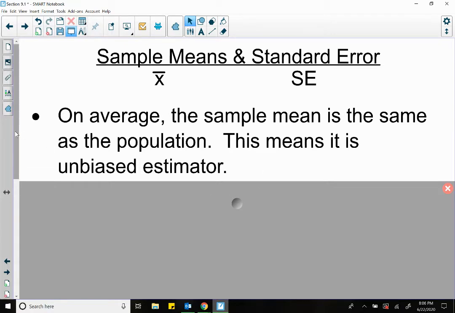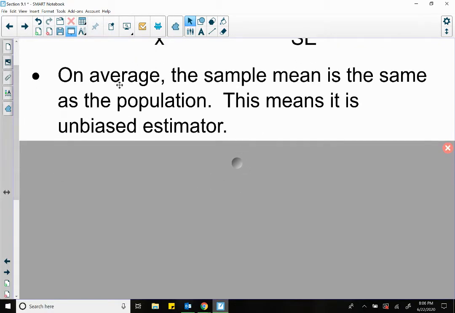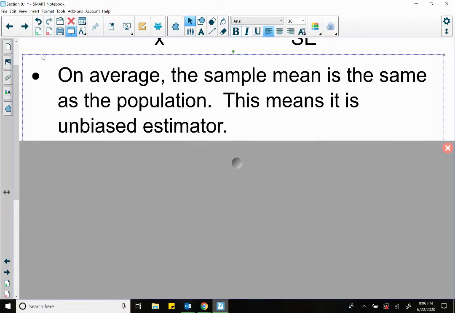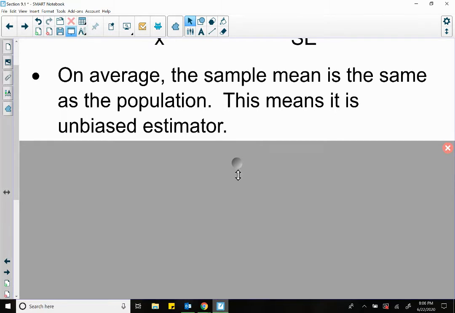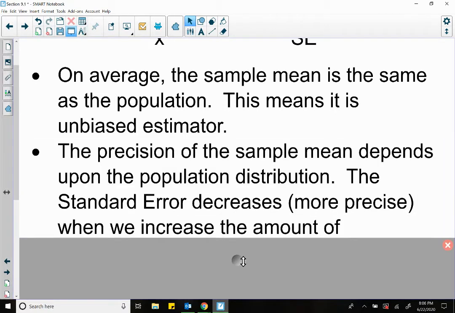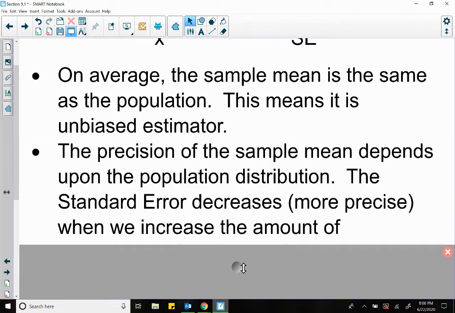On the other side of this, knowing that the sample mean is the same as the population, again on average because you're looking at more than one, the precision of the sample mean depends upon the population distribution. The standard error is what we're talking about with the precision. The smaller the standard error, the more precise you are.